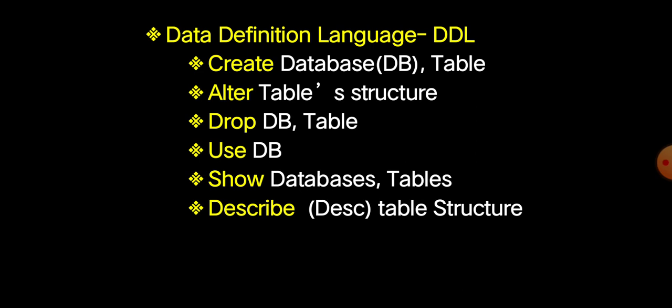Show tables shows the tables within a database. The last one, describe table structure, is used to get the description of a table with its name, the columns, along with the data type, size, and constraints.